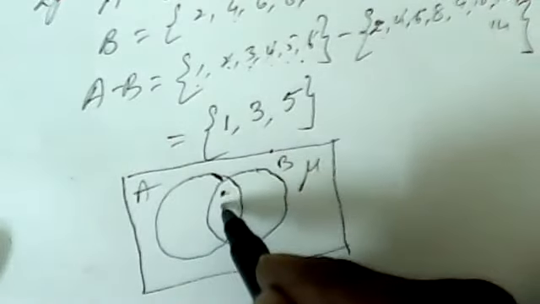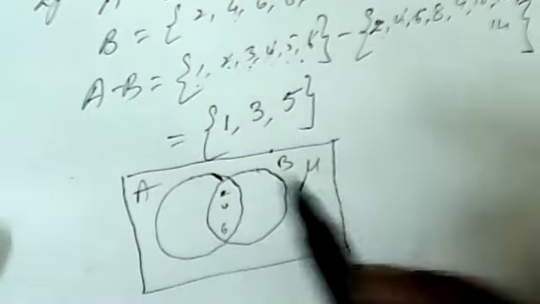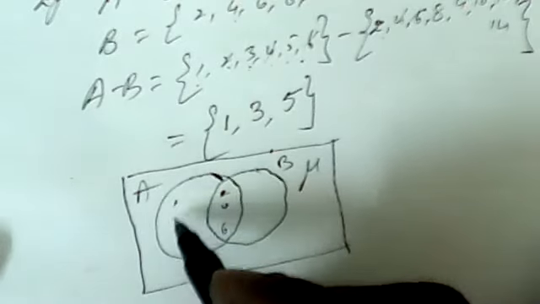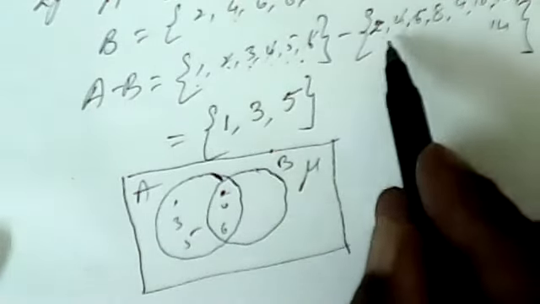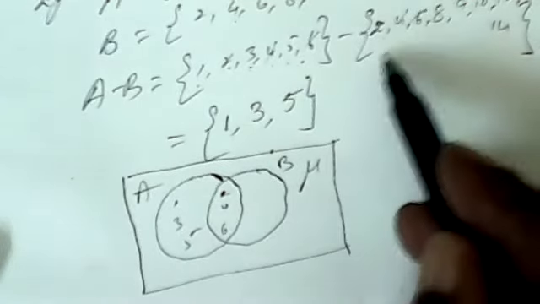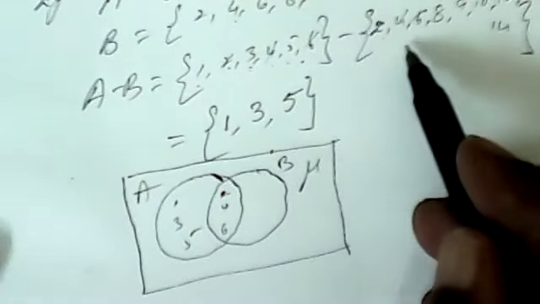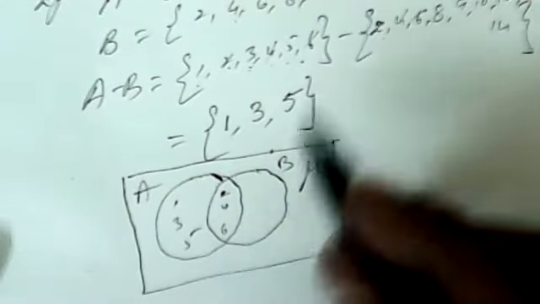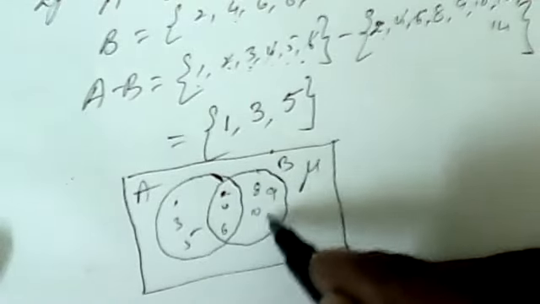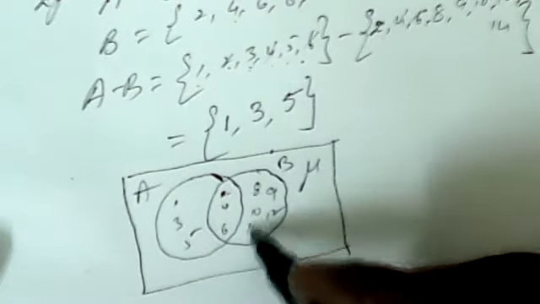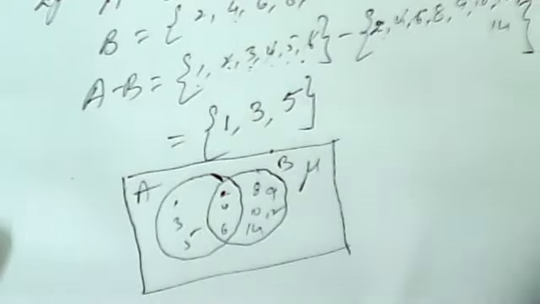A में क्या है? 1, 3, 5. तो कॉमन एलिमेंट्स के अलावा B में क्या है? 8, 9, 10, 12, 14. ये है. Okay?